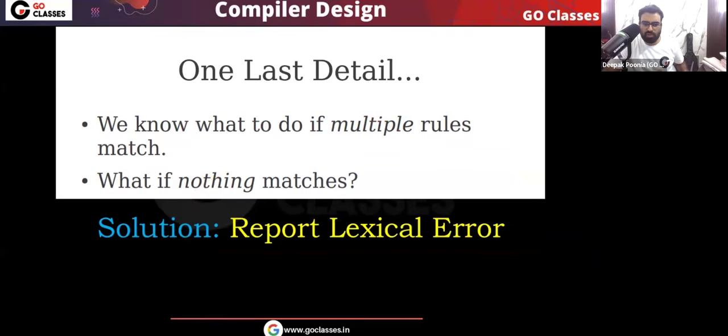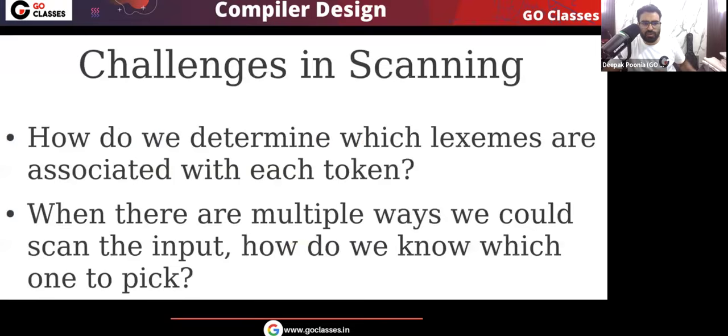We are going to take a lot of standard questions now, but I hope you understood the concept so far. So remember the challenges in scanning. These are the two questions. Let's see the answers. The first question: how do we determine which lexemes are associated with each token?